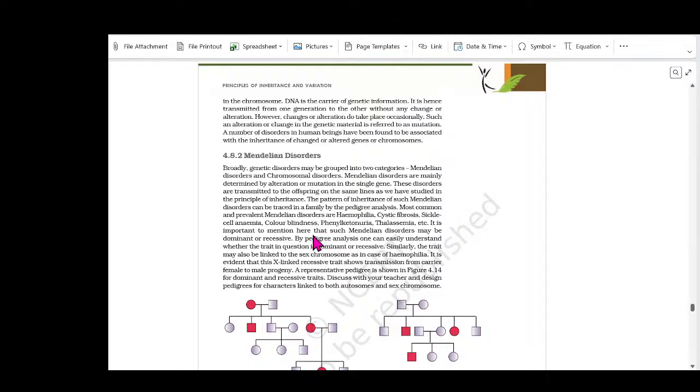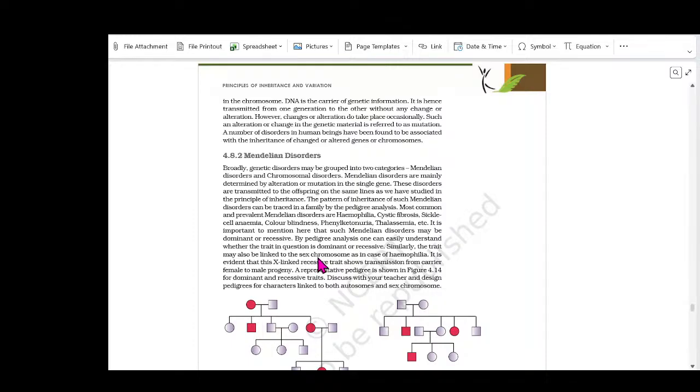It is important to mention here that such Mendelian disorders may be dominant or recessive. By pedigree analysis, one can easily understand whether the trait in question is dominant or recessive. Similarly, the trait may also be linked to the sex chromosome, as in the case of hemophilia.